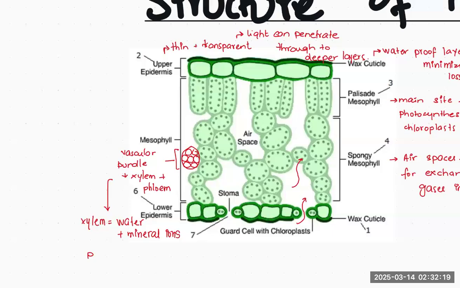Phloem is responsible for transport of food, which is basically your sucrose, but can include your amino acids and all of that as well. And this vascular bundle makes the vein of the leaf.